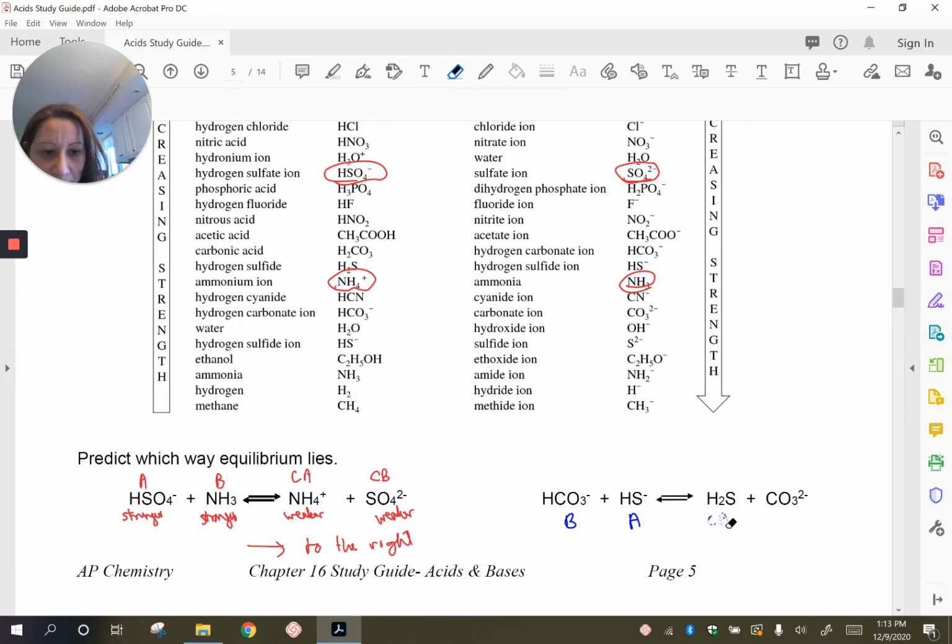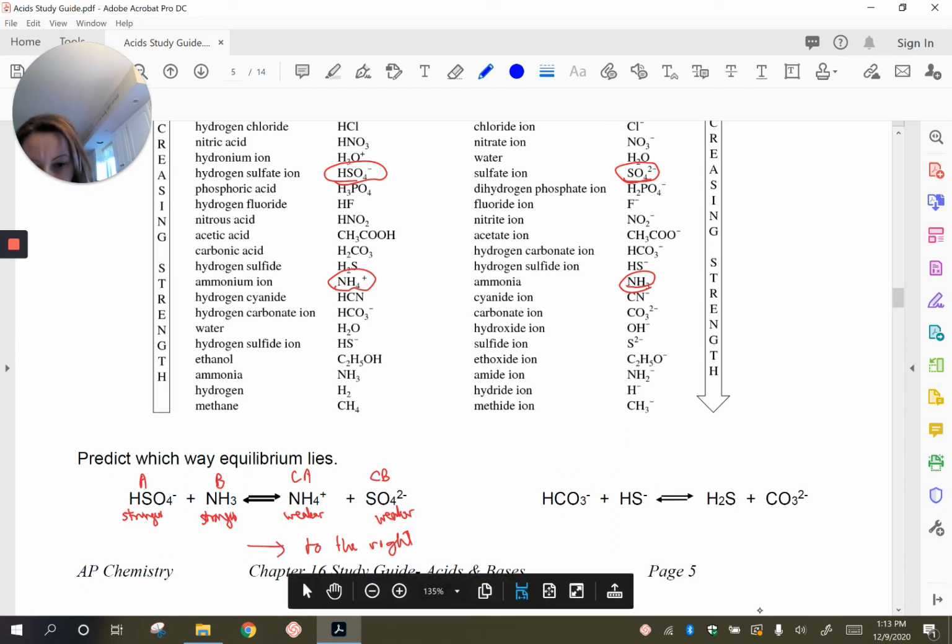Let me erase that. Okay, start over here. So the HCO3 minus is my acid. I know that because it gives away an H plus to become CO3 2 minus. So that's my conjugate base. This one is my base because it gains an H plus to become H2S. So this is my conjugate acid.